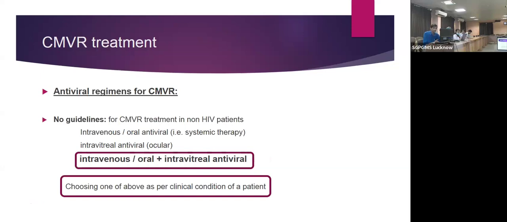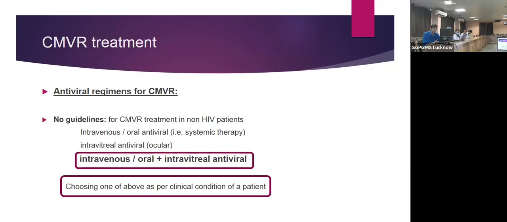There are no guidelines available for CMV retinitis treatment. The most common way of treating these patients is antiviral agents by intravenous infusion, plus or oral, along with intravitreal antivirals.